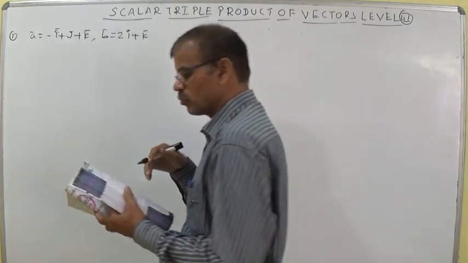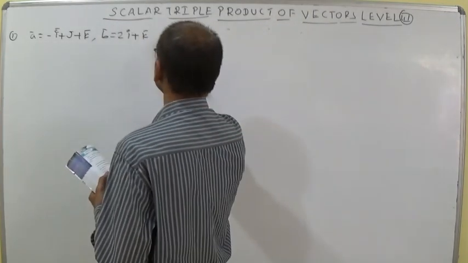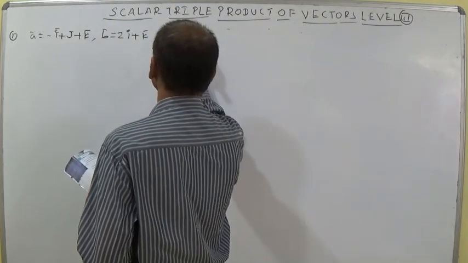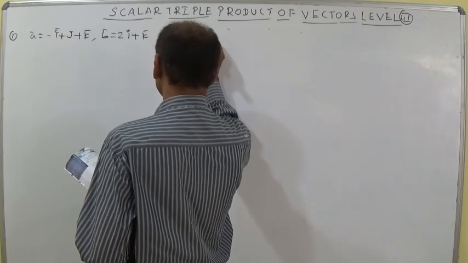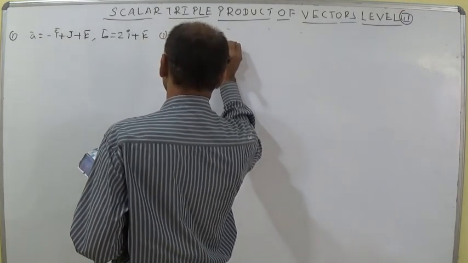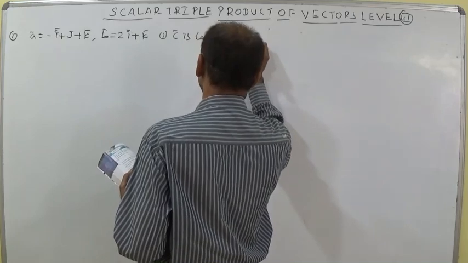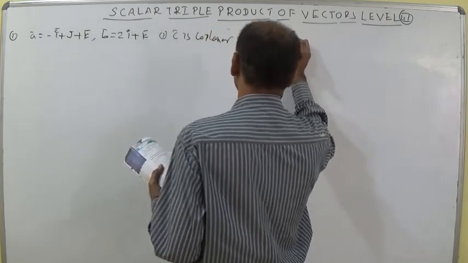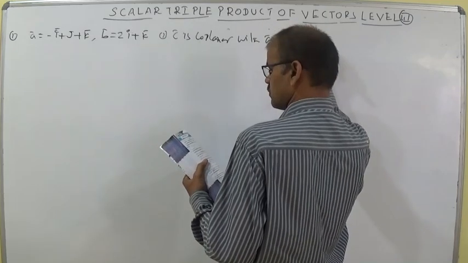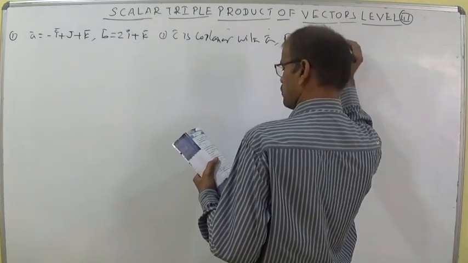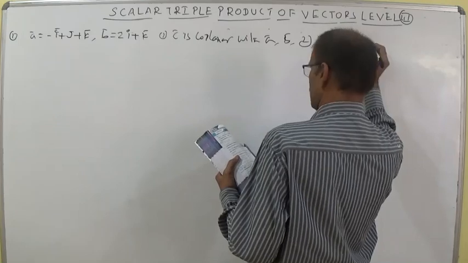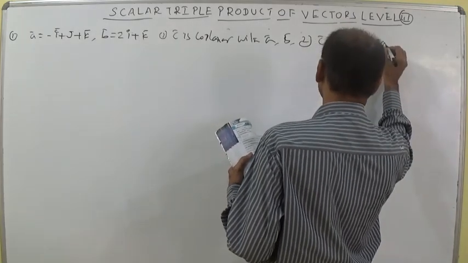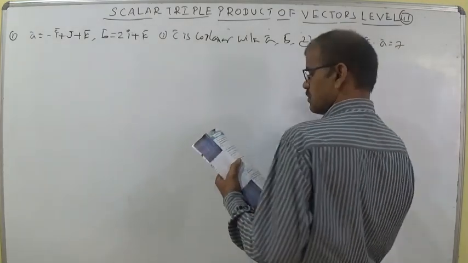First, C bar is coplanar with A bar, B bar. Second, C bar is perpendicular to B bar, and third, C bar dot A bar is equal to 7.